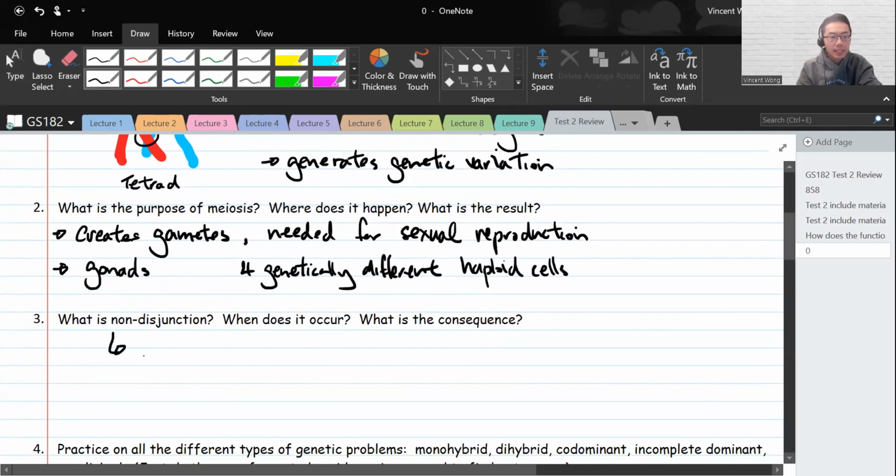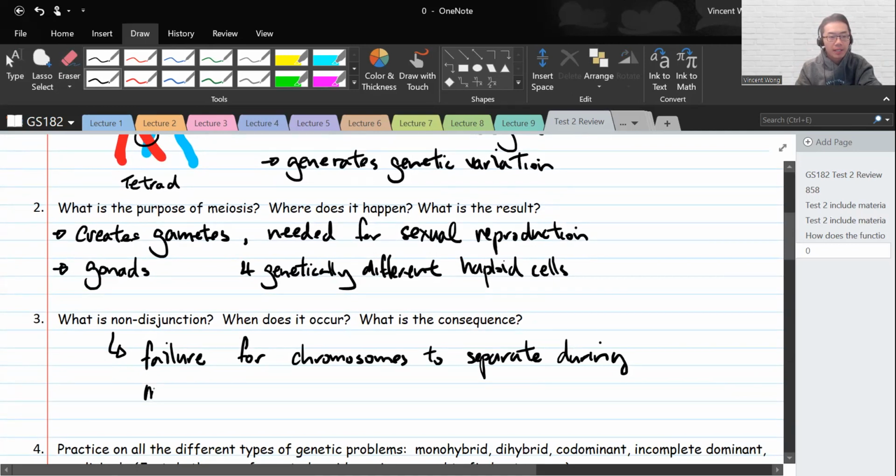Non-disjunction is basically the failure for chromosomes to separate during anaphase 1 or anaphase 2. Okay, so that's the what and the when.